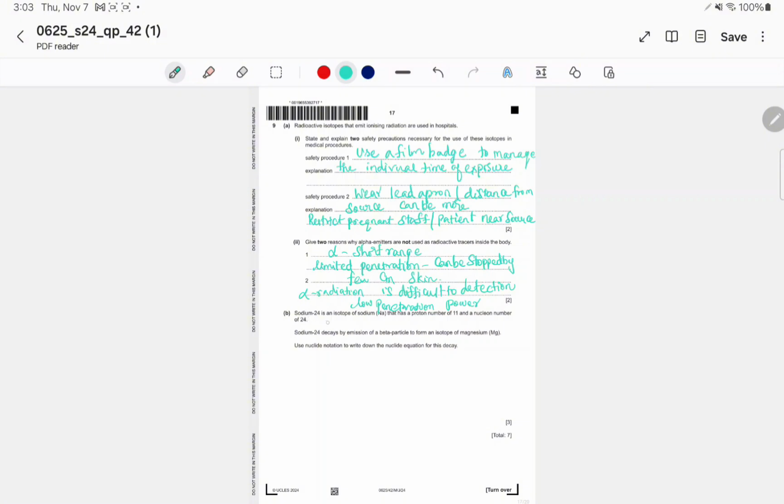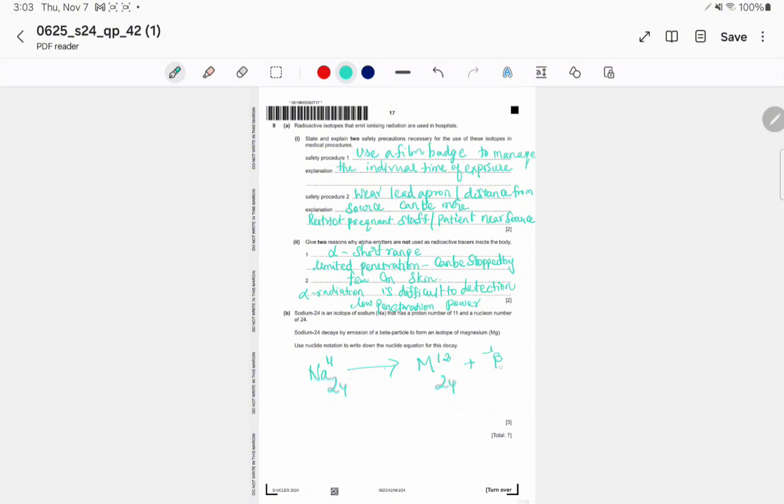So question B, sodium 24 is an isotope that has a proton number of 11 and a nucleon number of 24. It decays by emission of a beta particle to form an isotope of magnesium. So many data have been given, it is easy. So this is 24, 11, it emits to form magnesium, same nucleon number, but here it will gain 1 in atomic number because of the beta particle.